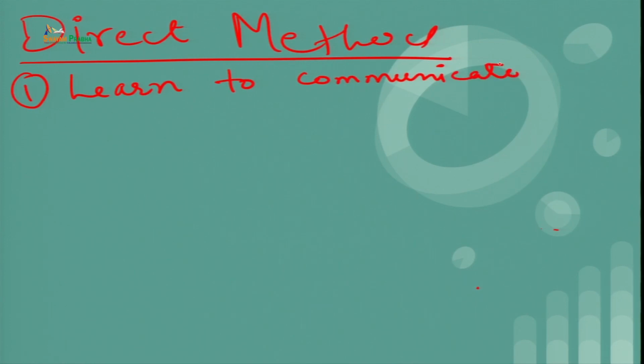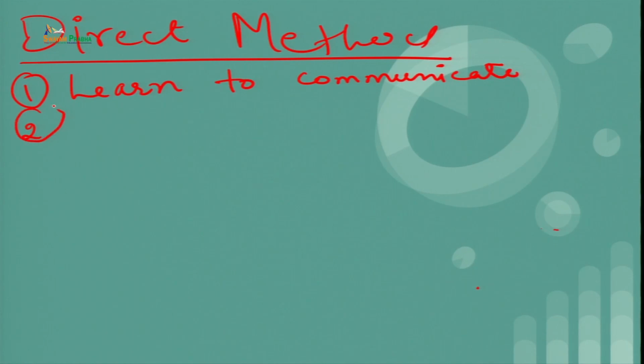Since we studied that spoken and listening communication are important, communication is the main idea of the direct method. And in order to do this successfully, students should learn to think in the target language. In the grammar translation method, students were asked to think in the native language. But in the direct method, students are largely encouraged to use and think in the target language only.